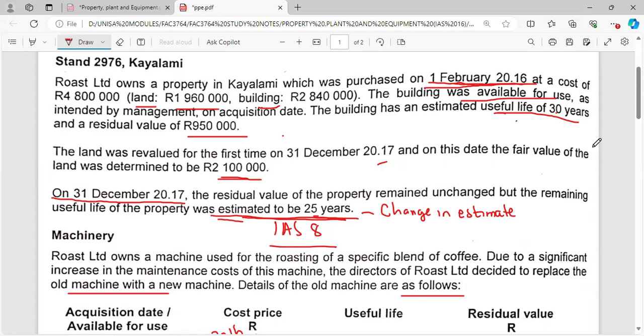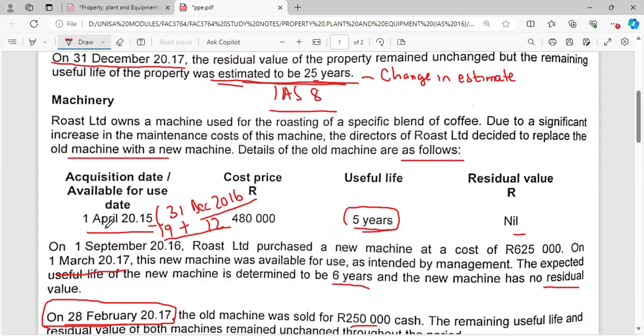The reason why we want to convert to months is you will see like here, this asset was brought into use at the middle of the financial year. So which means if you divide by 25, you need to apportion. So that's the reason why we need now to convert to months so that we can come straight to the accumulated depreciation for that particular asset. But if the asset was brought into use at the beginning of the financial year, there is no need for you to apportion.